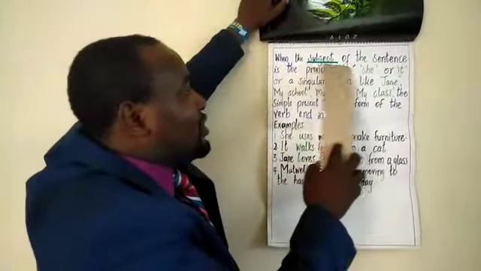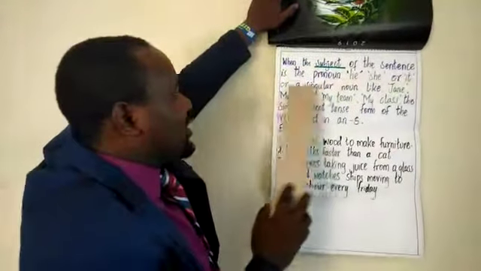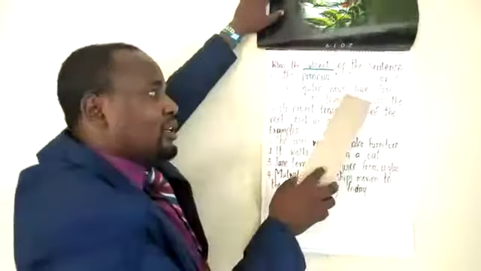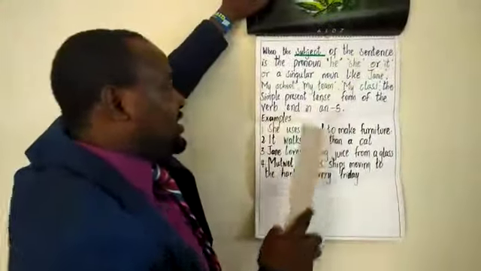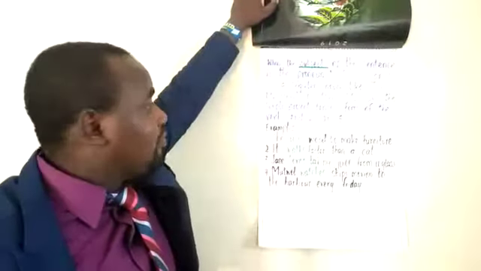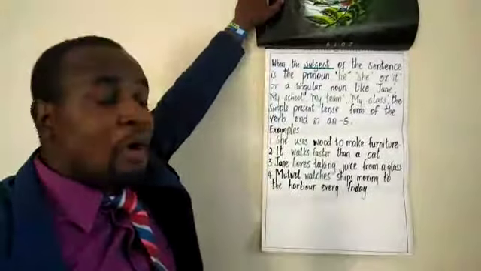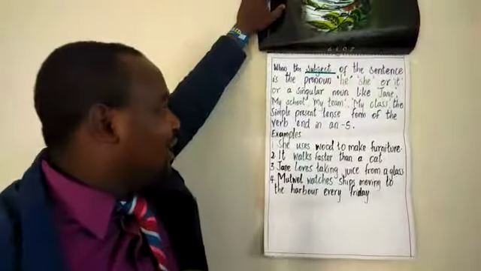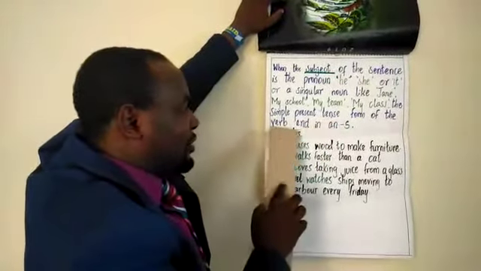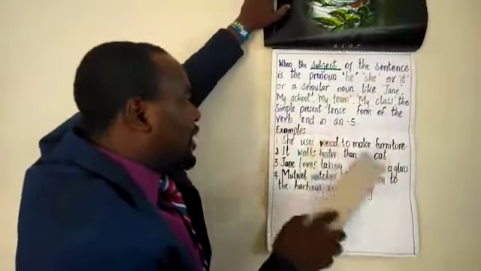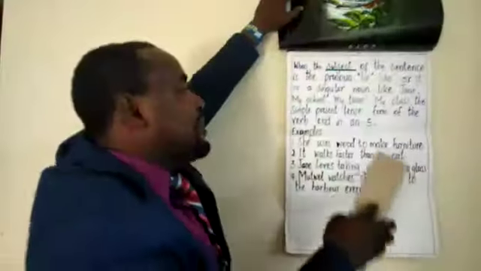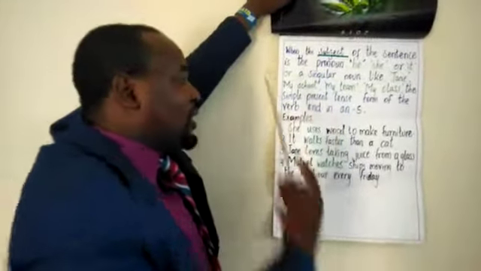When the subject of the sentence is the pronoun he, she, or it, or a singular noun like Jane, my school, my team, my class, the simple present tense form of the verb must end in an S. Now, what is a subject?